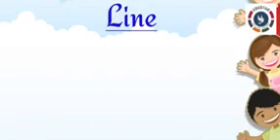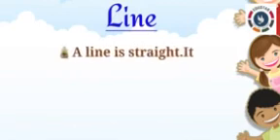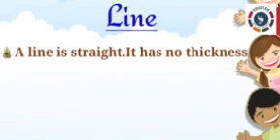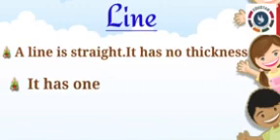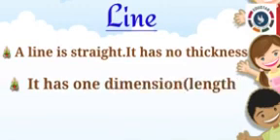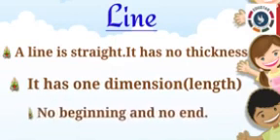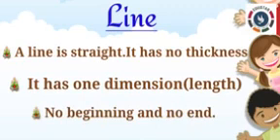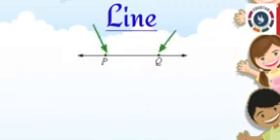Next, line. A line is straight. It has no thickness, but it has one dimension, that is length. A line has no beginning and no end. Any 2 points on a line may be used to denote it as a line.